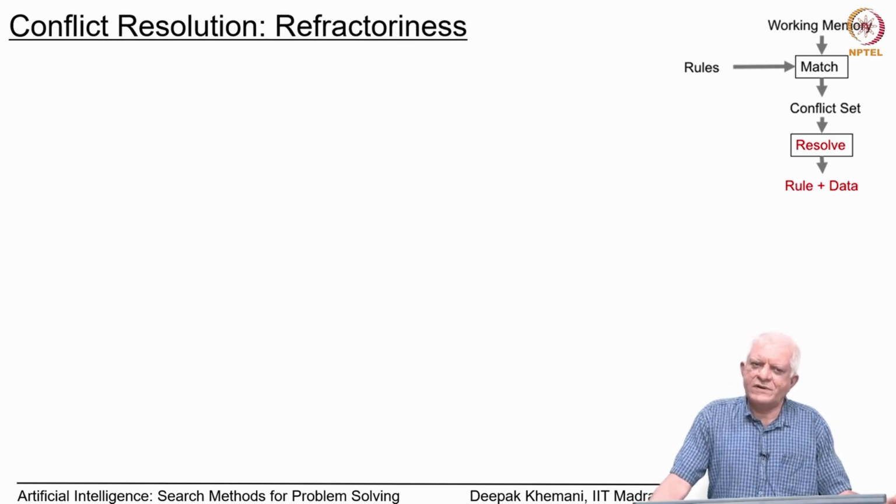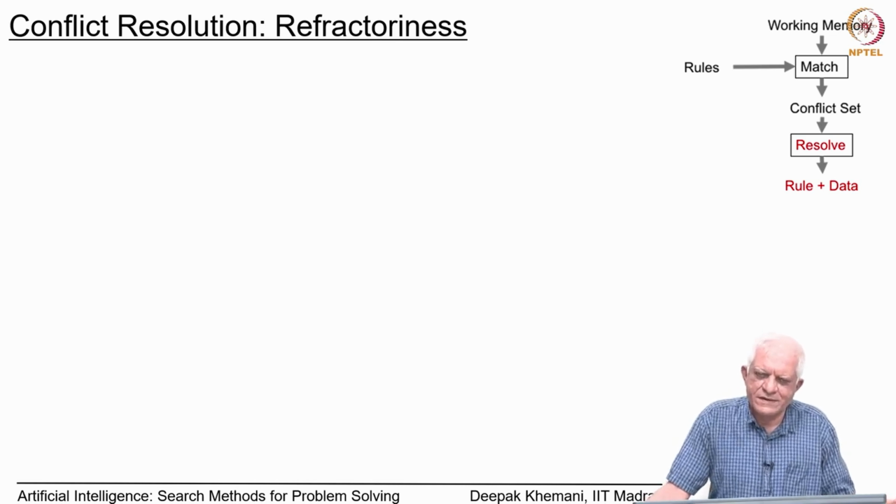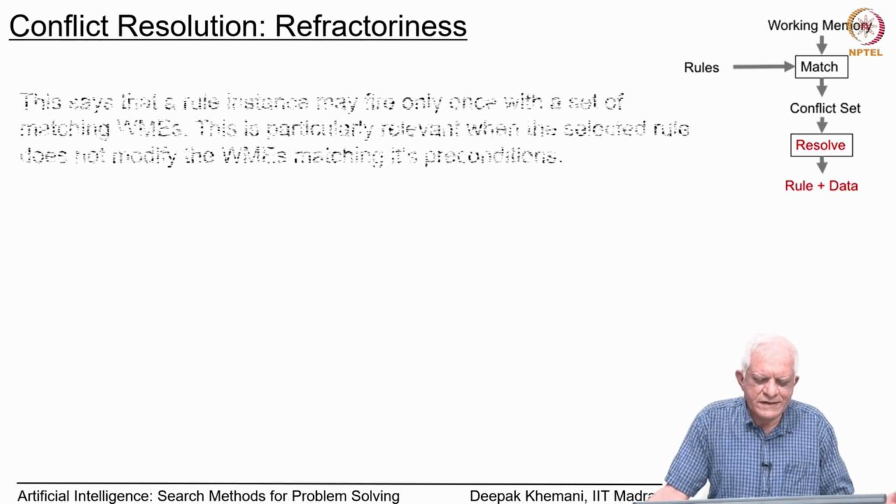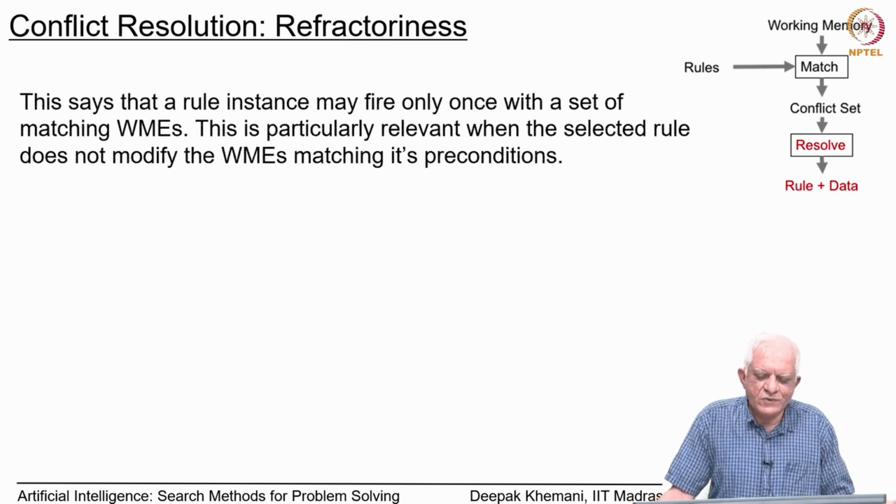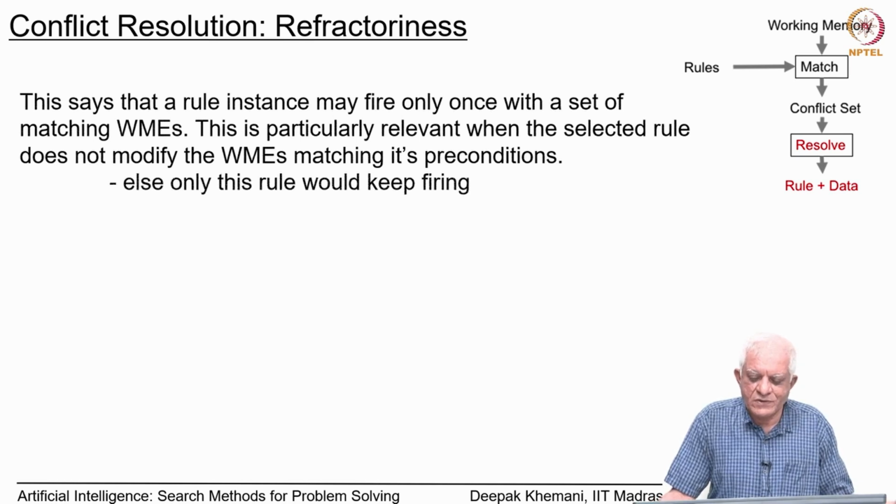The first strategy is called refractoriness. It says that a rule instance may fire only once with a set of matching working memory elements. This would be particularly relevant if the selected rule instance does not modify the working memory that was matching its preconditions.